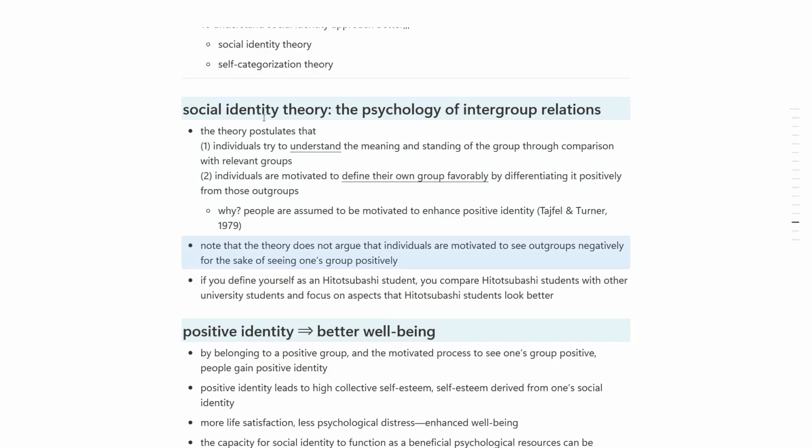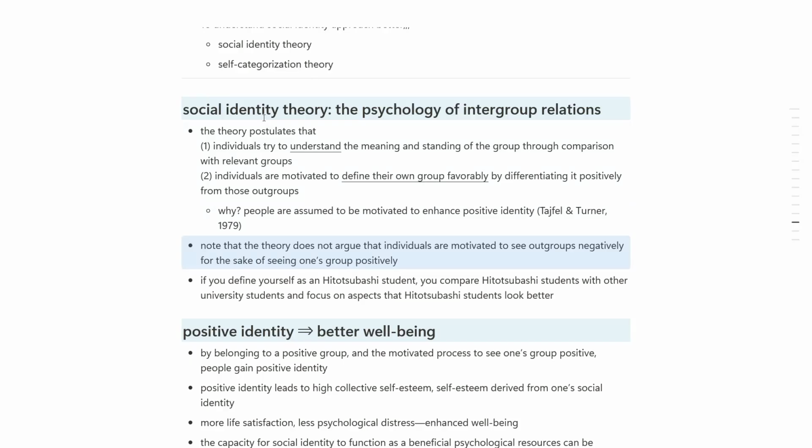And then I think it's interesting to note that the theory does not argue that individuals are motivated to see out-groups negatively for the sake of seeing one's group positively. In other words, people are not intrinsically motivated to see out-groups negatively. Rather, people are intrinsically motivated to see themselves positively.